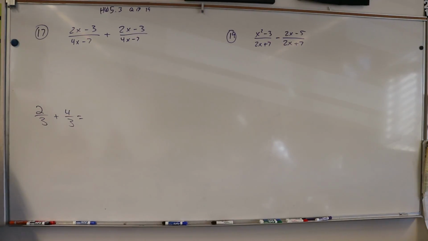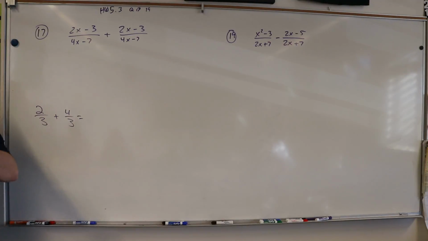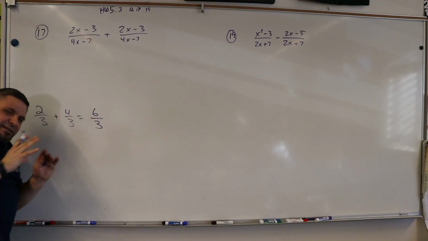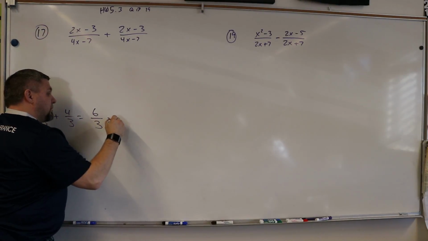It's 6/3, good. And the reason why I'm saying let's slow it down is that let's see why it's 2 first. Well, 3 goes into 6 twice, right? So there you go.